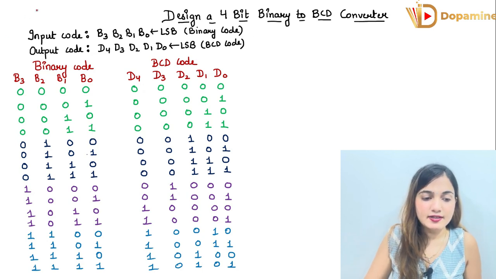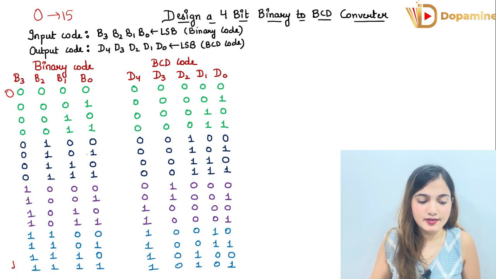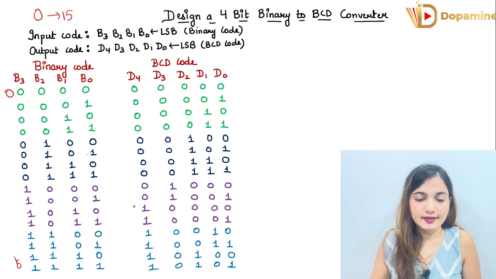As I said, the binary code moves from decimal 0 to decimal 15 in 4 bits, because we are dealing with 4 bits. The maximum 4-bit binary code goes up to 1111, from the lowest, 0000. 0000 represents decimal 0 and 1111 represents decimal 15. But the BCD code ranges from 0 to 1001, which is 9, and then we require a 5th digit.